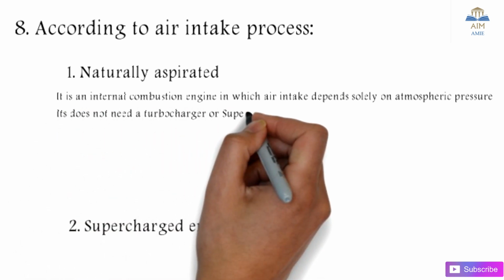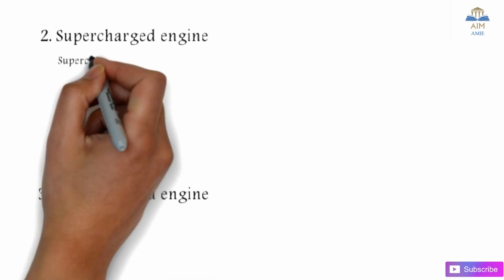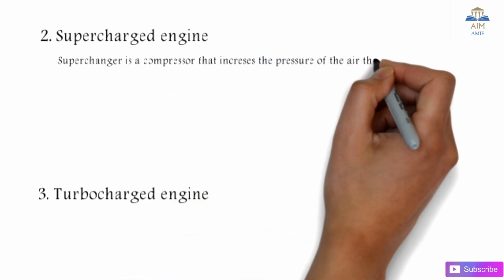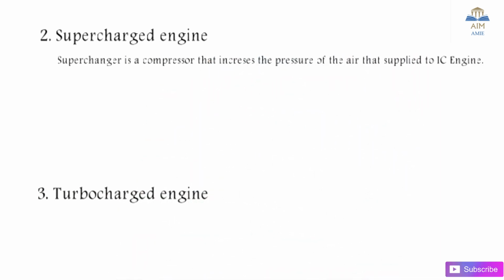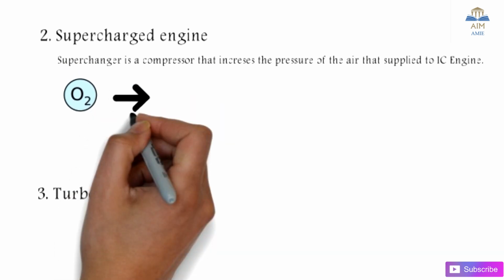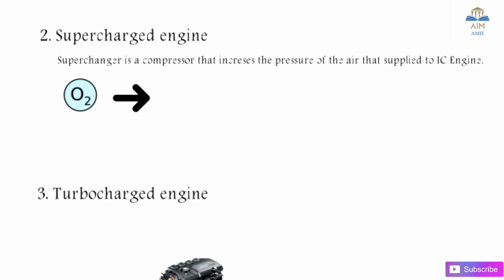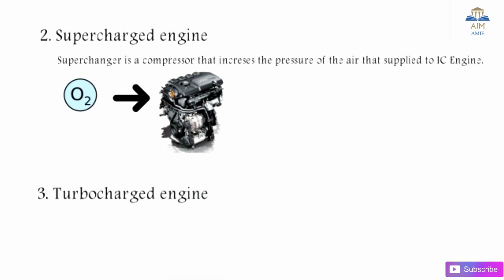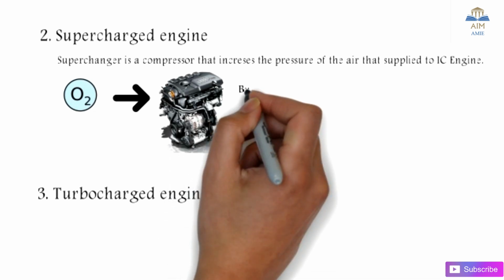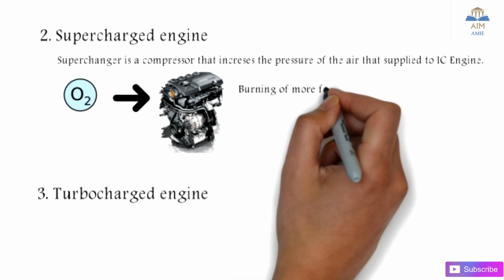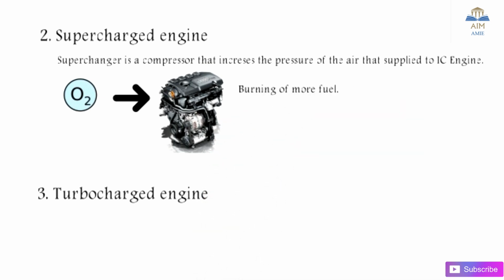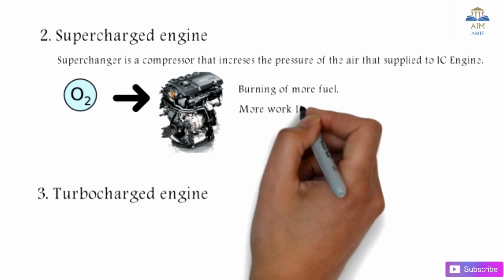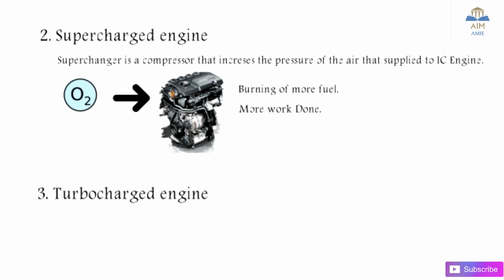It does not need any turbocharger or supercharger, whereas in case of a supercharger, a compressor increases the pressure of the air that is supplied to the IC engine. More air gives more oxygen, which ultimately burns more fuel and produces more work, that is, more power.